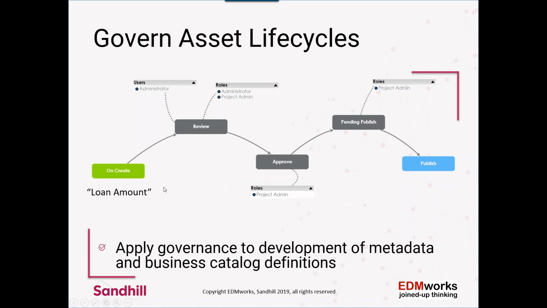So in this example, if we're defining the technical metadata, for example, like loan amount, that has got to be reviewed so that the metadata that's been defined in there can be reviewed and approved by the administrator, who is a particular type of user, or it could also be approved by particular users who've got particular types of roles. So, for example, a project administrator could be a particular role that's assigned to a particular user. So those are the two types of people that are allowed to review this.